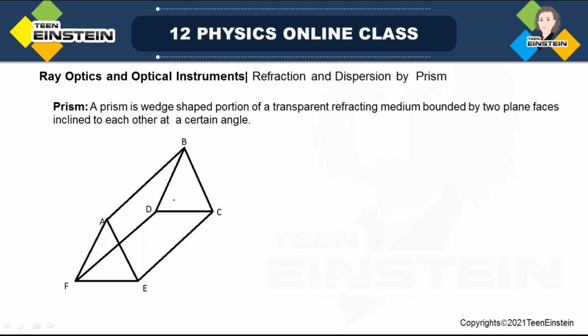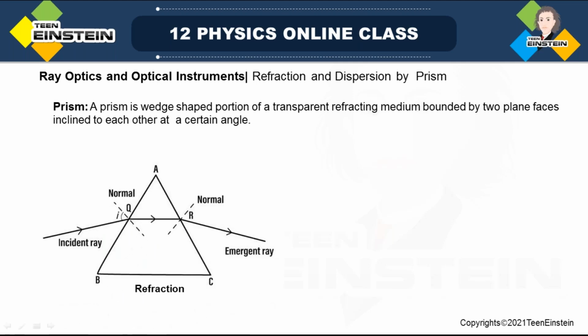We'll take the principal section for our practical purpose. Wherever we draw a figure or discuss refraction or dispersion by a prism, we will be drawing a triangle like this to denote a prism.